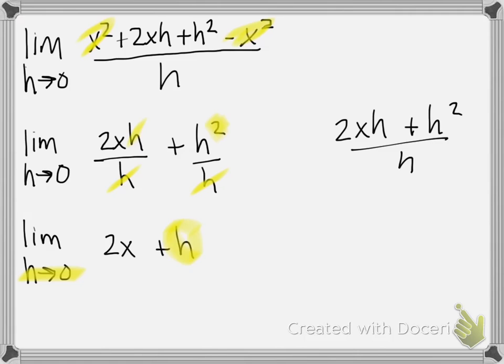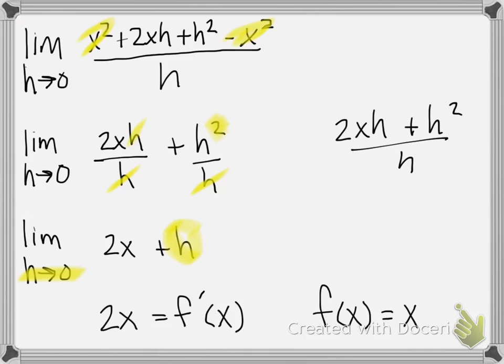And so then we're just left with 2x is equal to our f prime of x. So since we had our f of x being equal to x squared, the derivative of that by using the limit definition comes out to 2x.